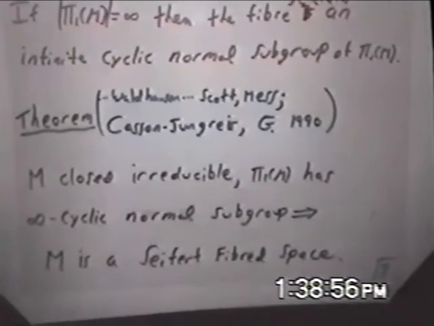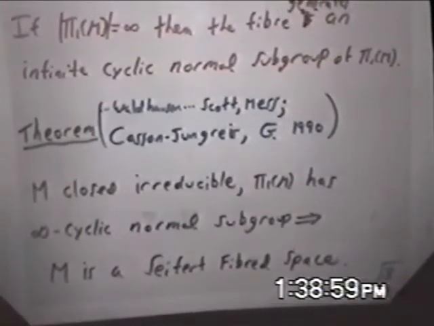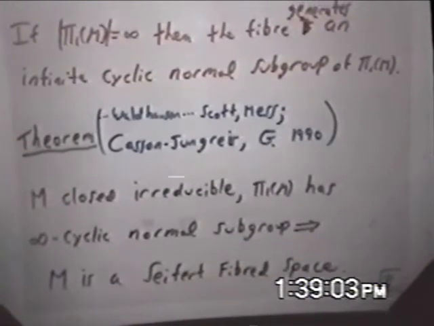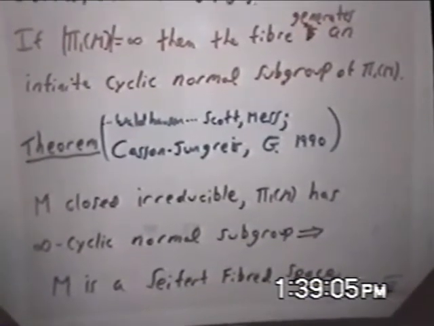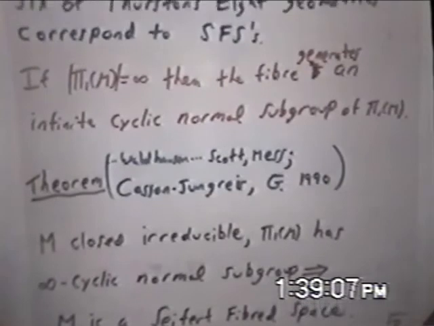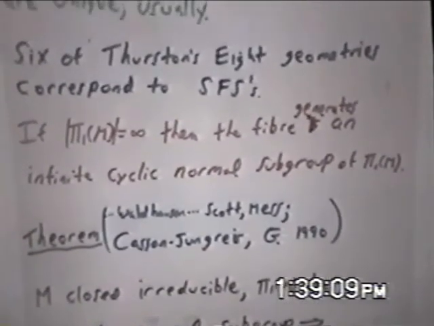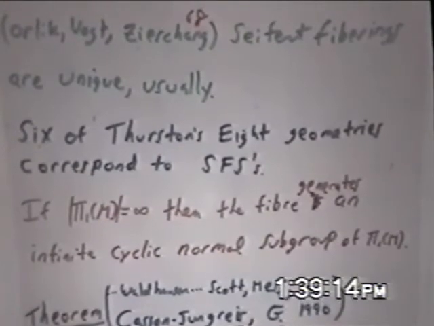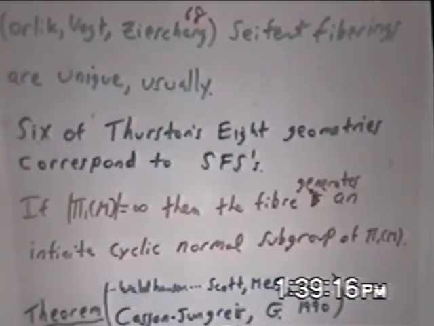So maybe a somewhat unusual way of stating Thurston's geometrization conjecture is that if you have any 3-manifold, either there's an essential 2-sphere, which means a 2-sphere that doesn't bound a 3-cell, or there's an embedded incompressible torus, or the manifold is Seifert fibered, or it's hyperbolic.